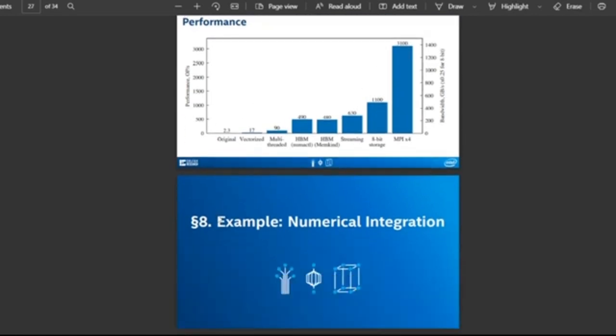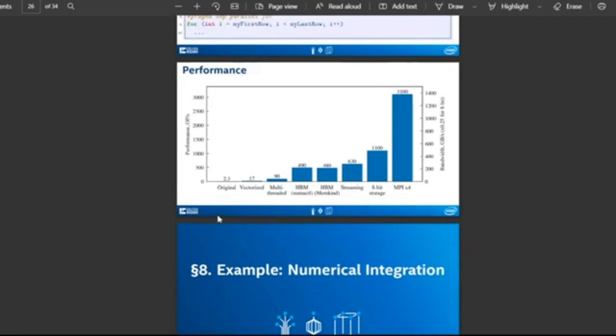So this is an absolutely fantastic example of how we can improve performance, and we're not talking about being a performance engineer, we're just talking about low-hanging fruit, and what we can do to improve the performance of our code.